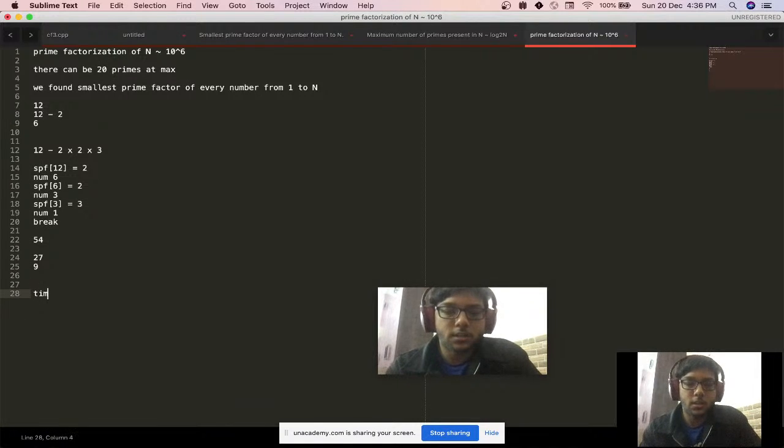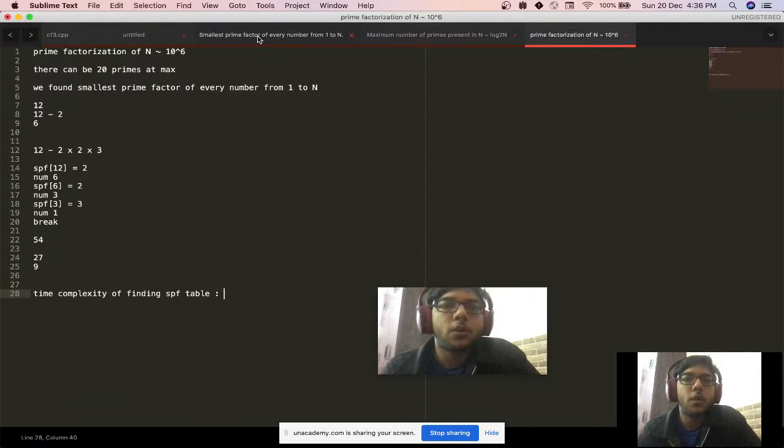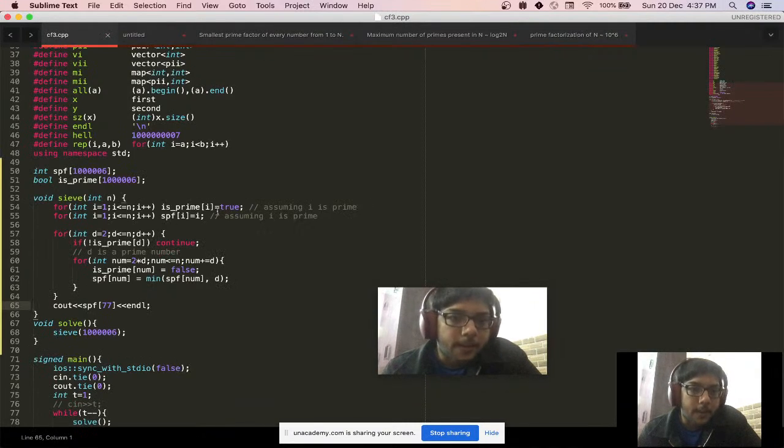Let us also take into consideration how much time it took. What was the time complexity of finding the SPF table? It was like the Sieve, so let's check that again. This is n, this is n, but inside, if it is prime, then we are iterating over its multiples.